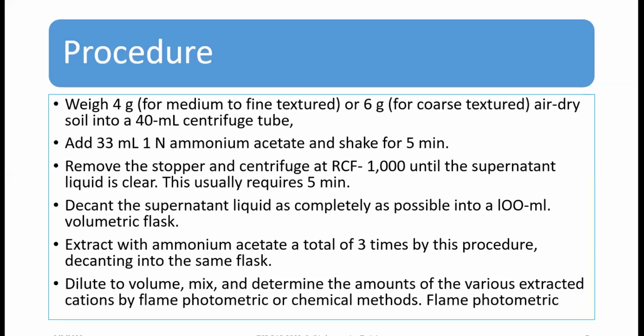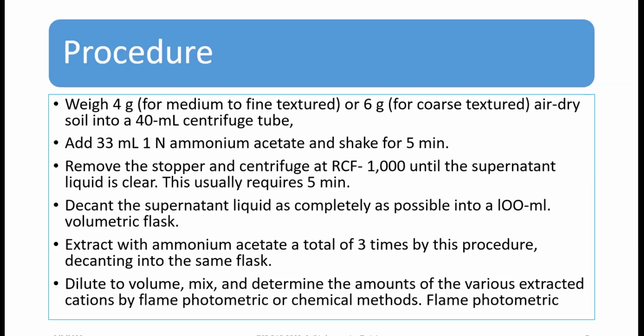This usually requires 5 minutes, and this is stated in the methodology, as mentioned before. Normally 5 minutes is enough for the centrifuge process. Then decant the supernatant as completely as possible into a 100 ml volumetric flask.